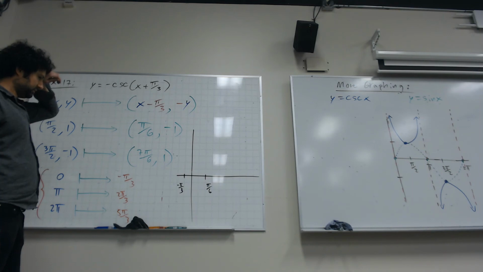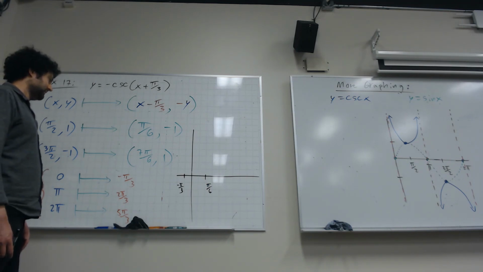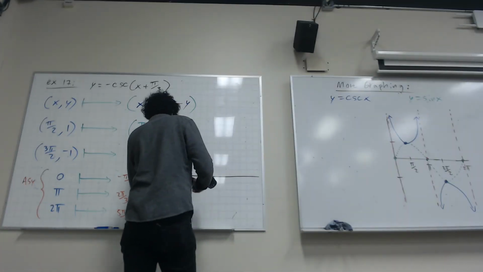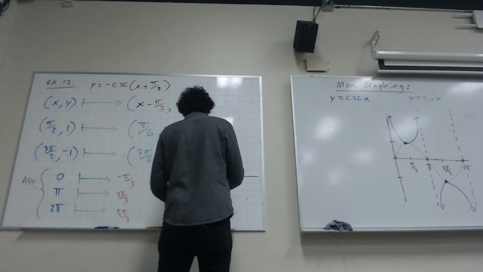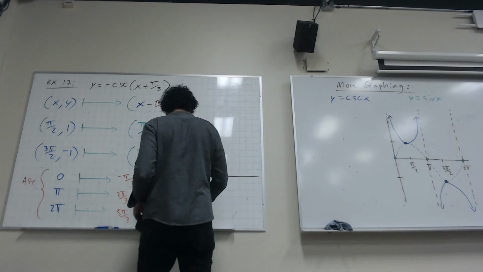That's 2 pi over 3. Wait, what am I doing? Dude, you're making me more confused. Pi over 6 plus pi over 2, right? I see what I did. That's negative pi over 3, and that's pi over 6 over here. Got it.